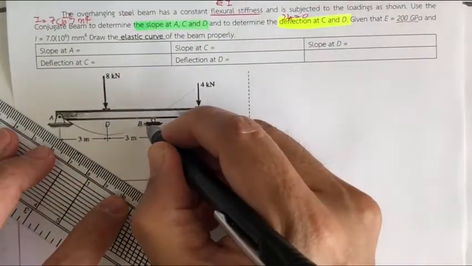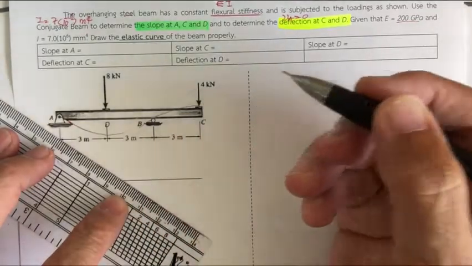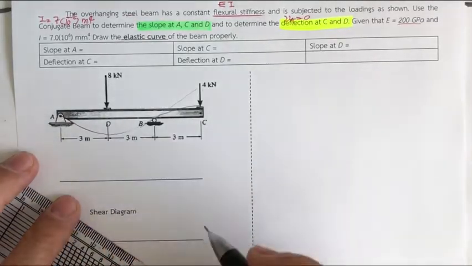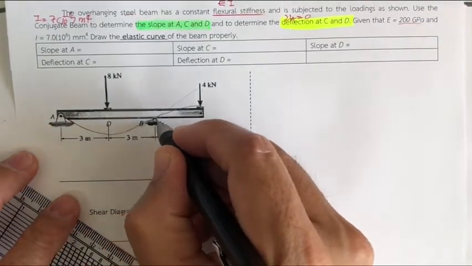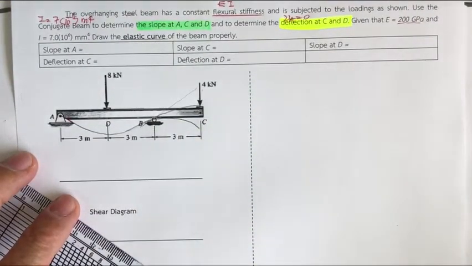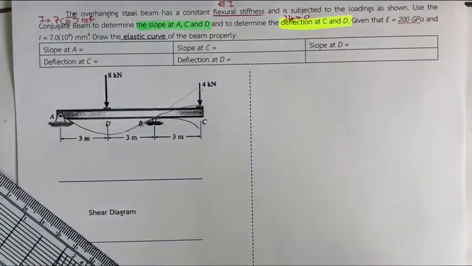So the 4 kilonewton is going to take this one down here if it's small compared to the 8 kilonewton, or it can be like this if it's large compared to the 8 kilonewton. So we don't know it yet until we calculate it.